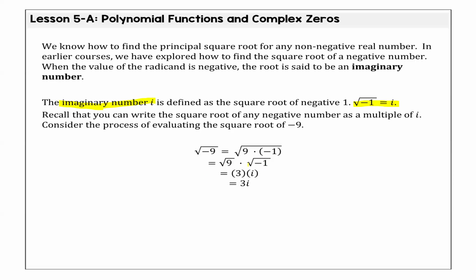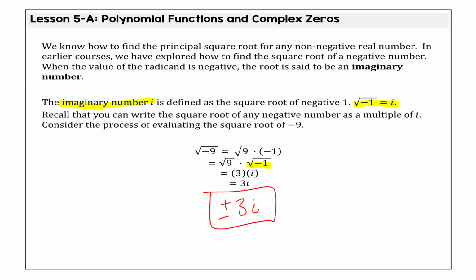Yes, it's automatically going to be the square root of -1. I'm going to take the square root of the positive, and the square root of 9 is 3. And anytime I have the square root of -1, it equals i. So then I end up with 3i. As we keep going, we're going to end up with plus or minus 3i as our end game.